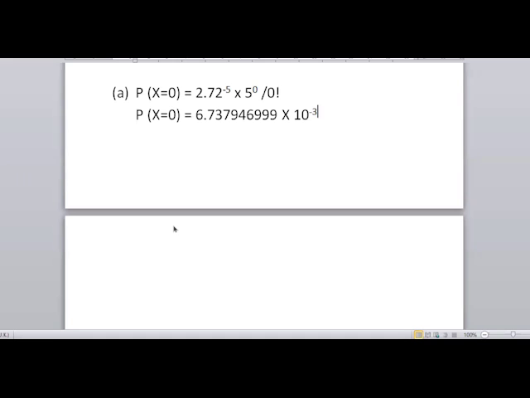I think I'm a little bit behind. It's my calculator, because when I punch 2.72 to the power negative 5, it gives me 6.71. Yes.